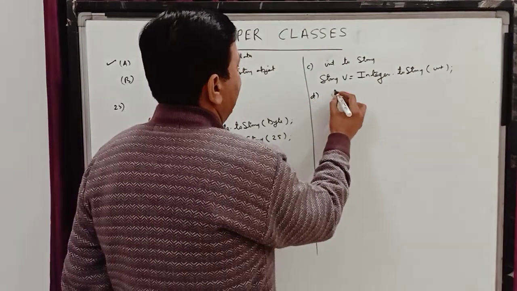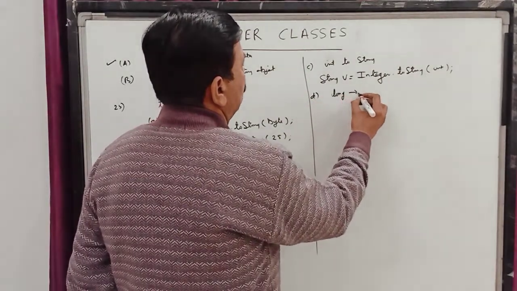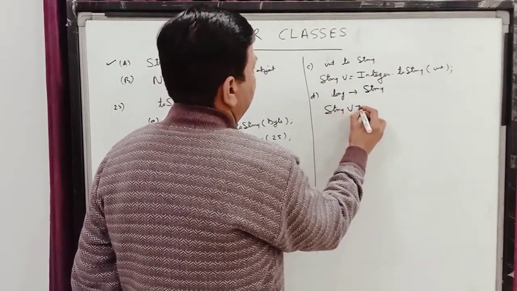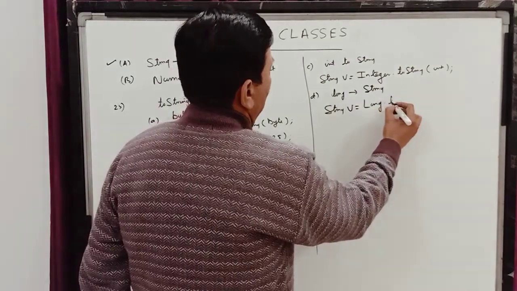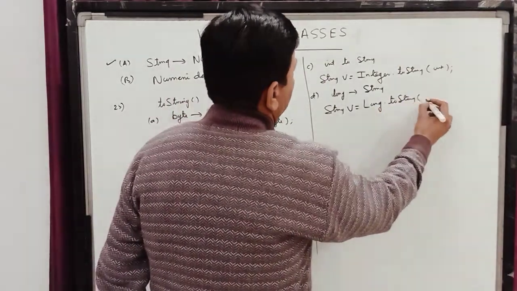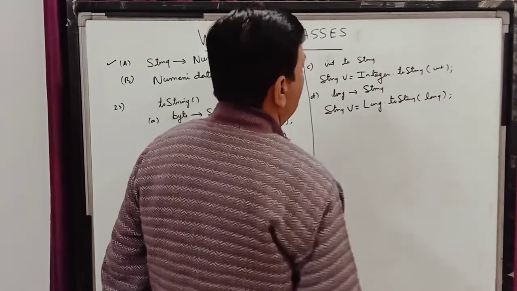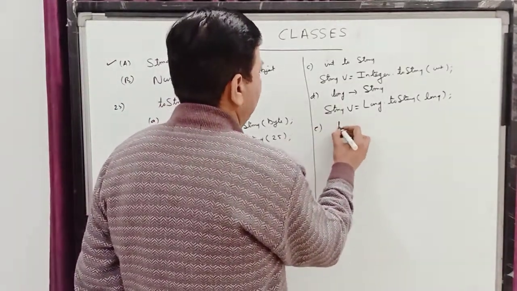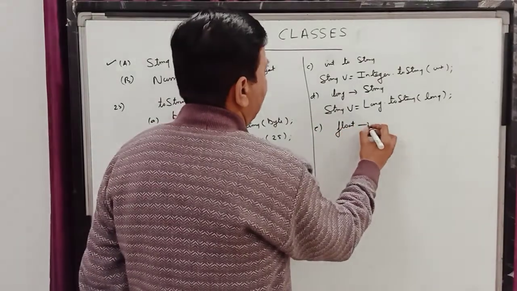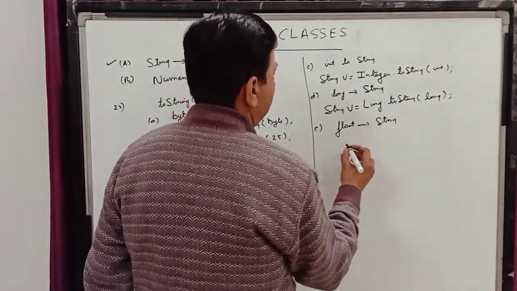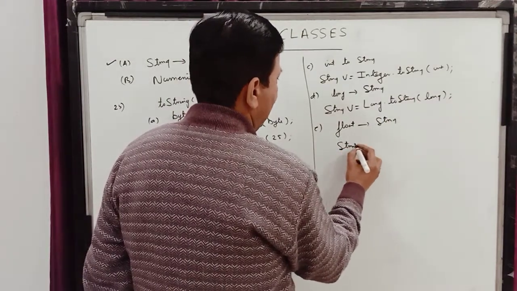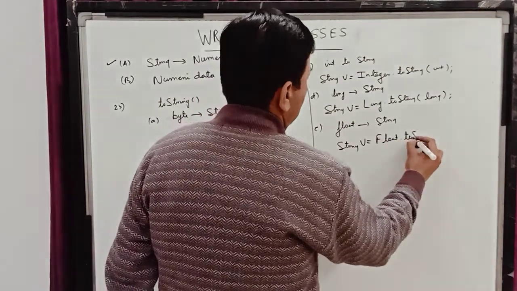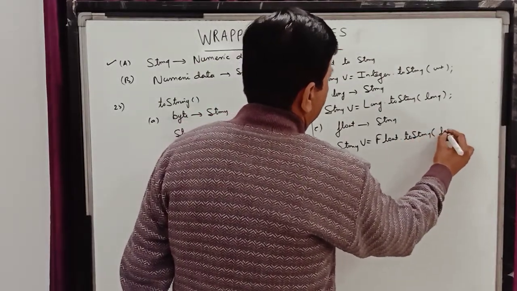Then next, if I want to convert my long value to a string, then I write string v is equal to Long.toString, and here is the long value, and it is going to change its state to string object. Then children, if I want to convert my float data type into string object, then I am going to use Float.toString.